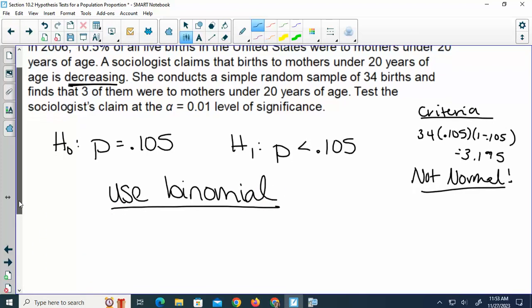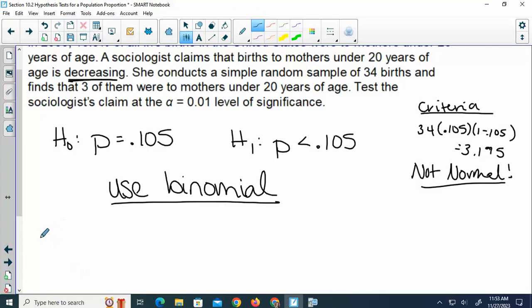All right. What is our p hat? 3 over 34, so in her sample, she had 0.0882, which is less than the null hypothesis.